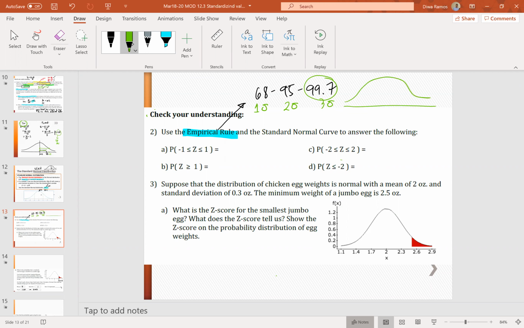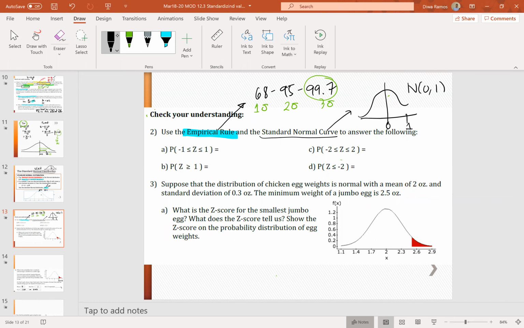That's almost everything. So we'll use the empirical rule and the standard normal distribution. Remember that is centered at 0 with a sigma of 1.